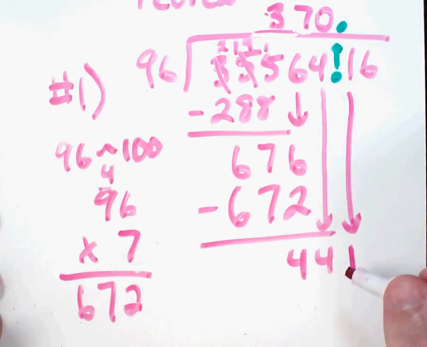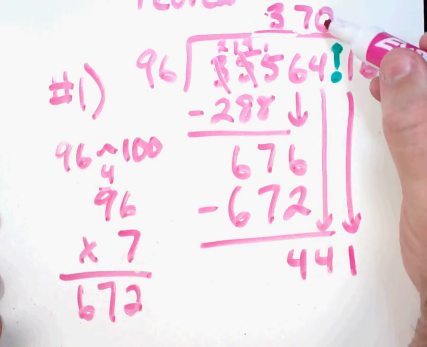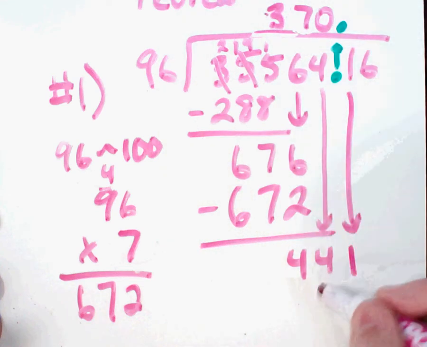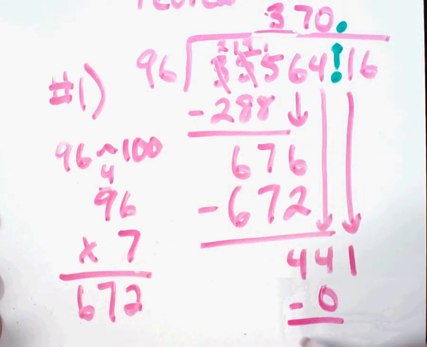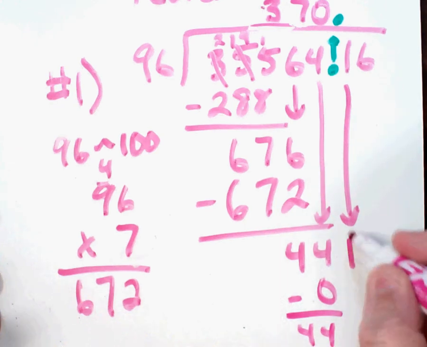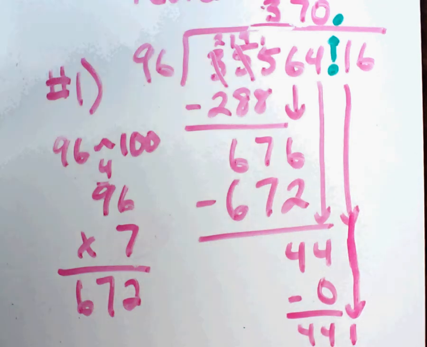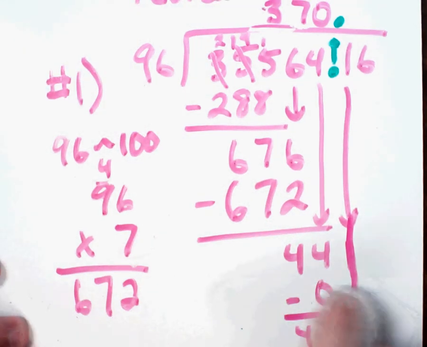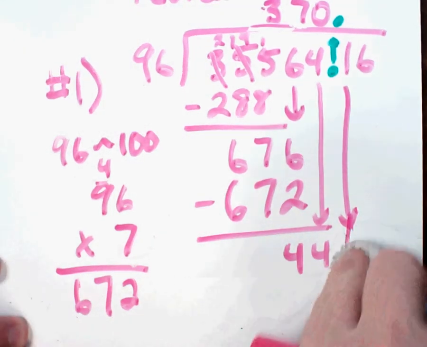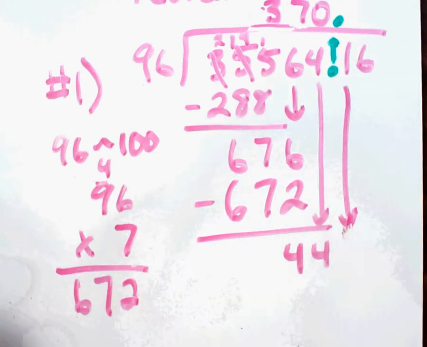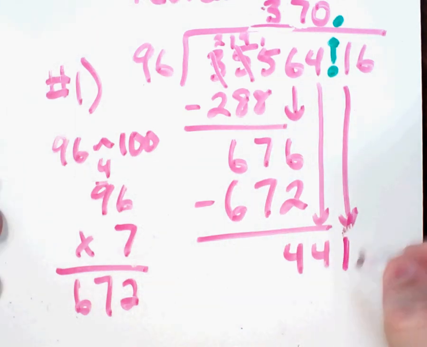Remember, the only reason I can do that is because I've got a 0 up here. If we had gone through the whole process, 0 times 96 gives me 0, and I'd end up with 44 down here anyway, and then this 1 just gets pulled down. So I'm skipping this part because I don't really need to do it. If I understand the process well enough, I can just pull down my next number.